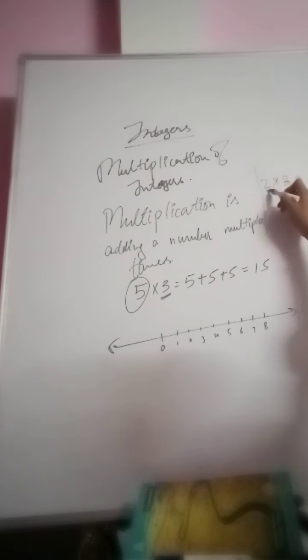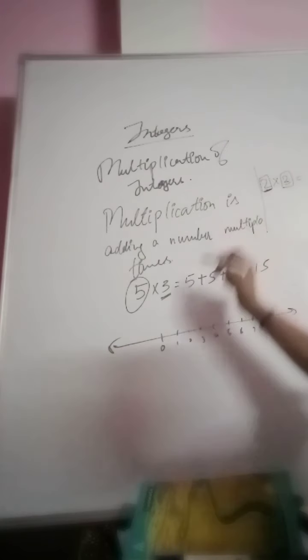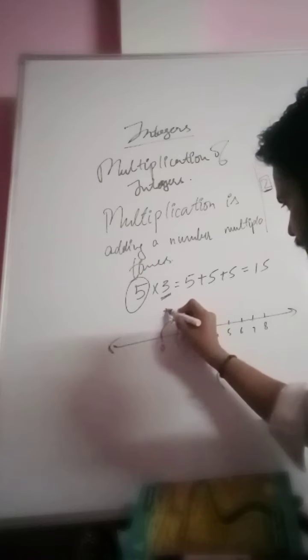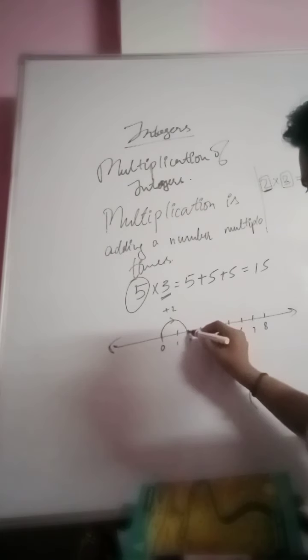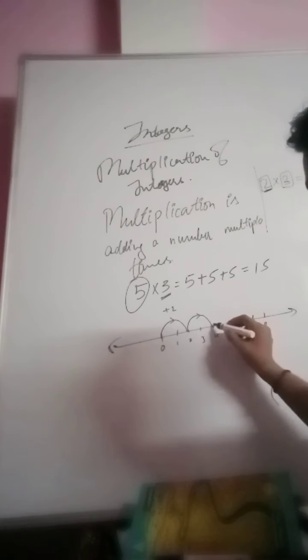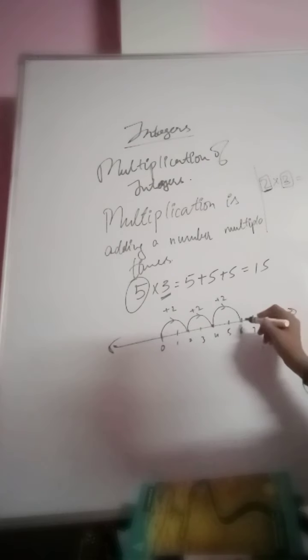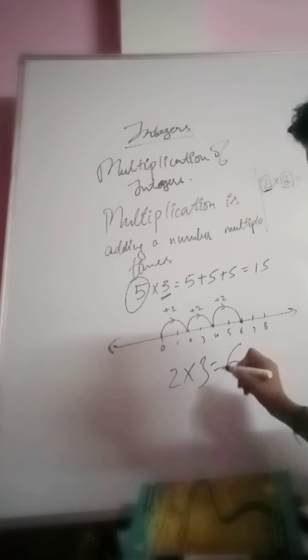So 2 I have to add how many times? 3 times. From 0 to 2, this is once I have added. Now from 2 to 4, because these are the next two steps, then the next two. I am going to get 6. So 2 into 3 means 6.